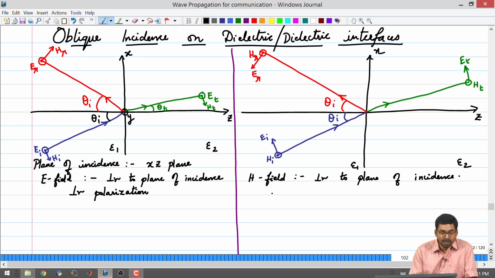E field perpendicular is perpendicular incidence, E field in the plane is parallel, because if you say H field perpendicular, you may be remembering perpendicular for both the cases. So, it is easier to remember in terms of electric field, because we defined polarization as dependent on electric field and how with respect to time the electric field direction is changing. So, this particular case is known as parallel polarization.